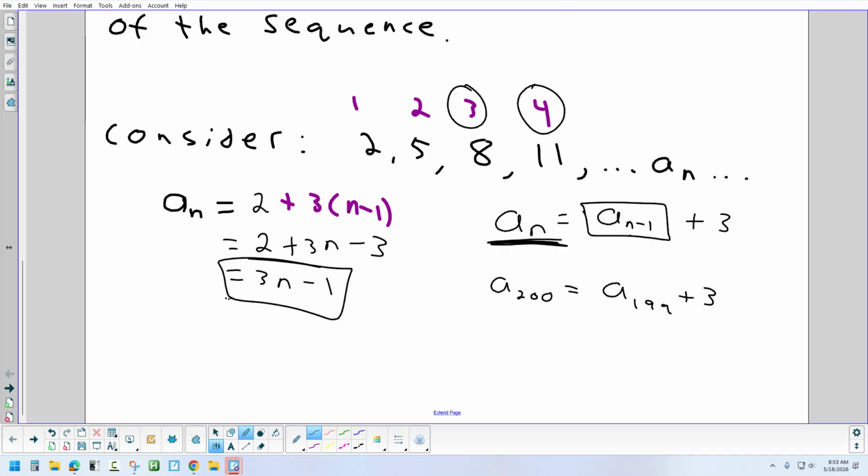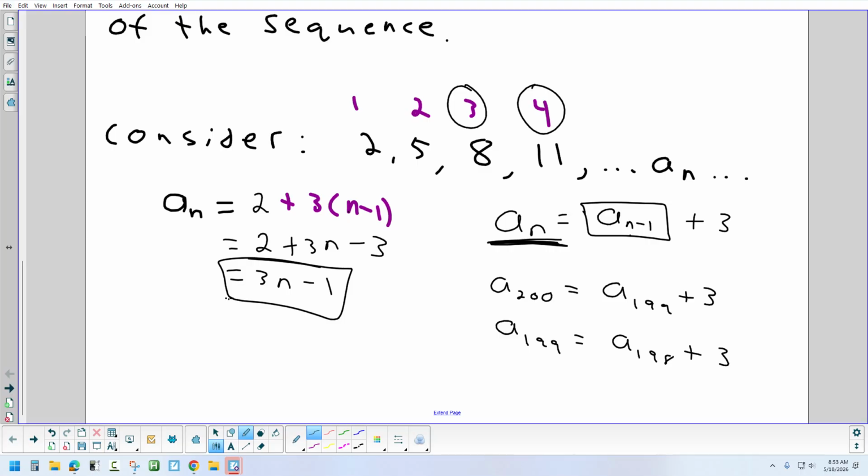No. So now I got to figure out the 199th term. So the 199th term, fill in 199 for n, says to take the 198th term and add 3. That's how you get the 199th term. Well, I need the 198th term. Do I have that one? No. It's going to take a while.